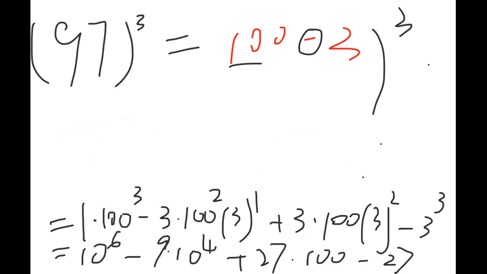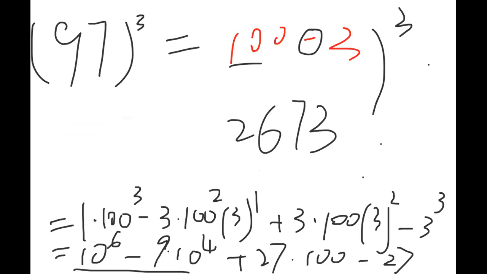So the answer should be 2700 minus 27, you should get 2673. Right? 10 to the sixth minus 9 times 10 to the fourth, you should get 91 times 10 to the fourth, which is 910,000. So this is your final answer.